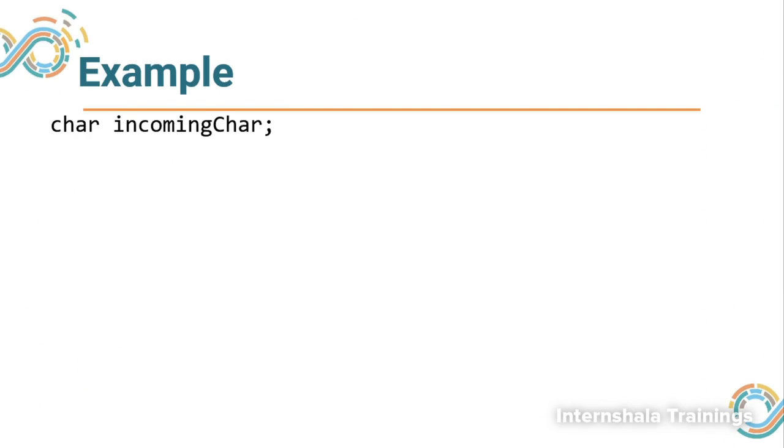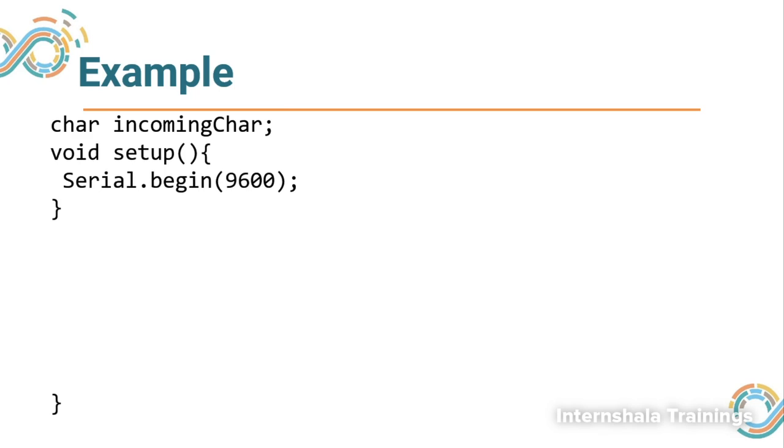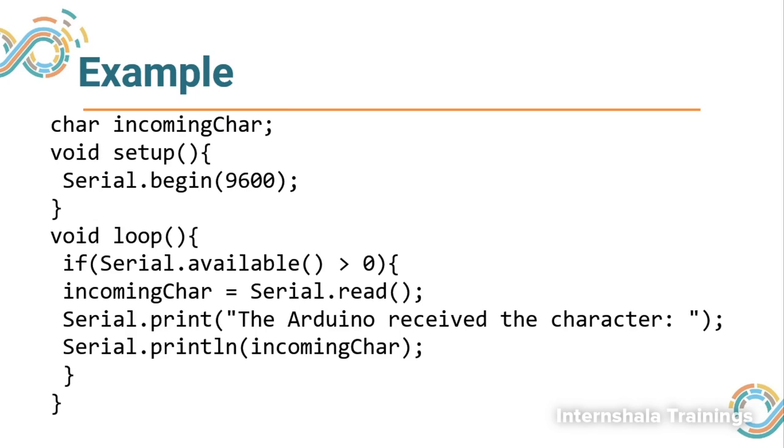Here I am defining a character, incoming character, and I have my setup function which is starting the serial communication at 9600 baud. Then in loop I say if Serial.available is greater than 0, that means if there are any characters which are coming, available to come on the serial port, incoming character is Serial.read.